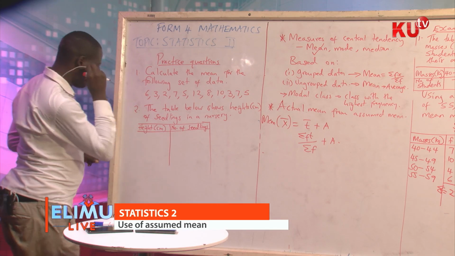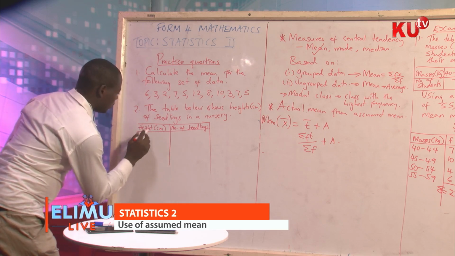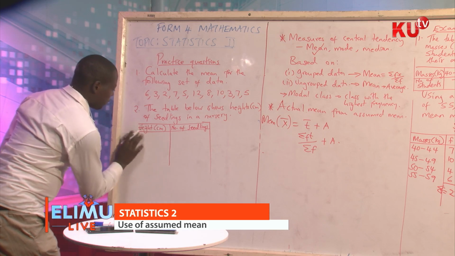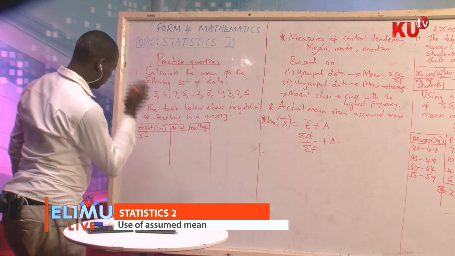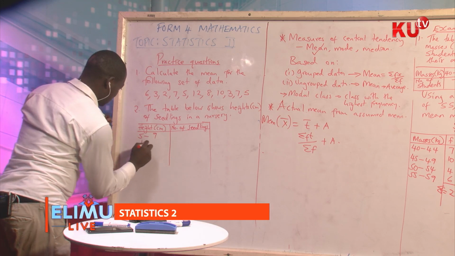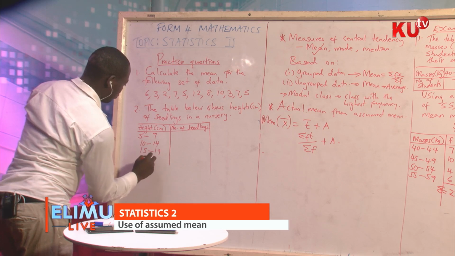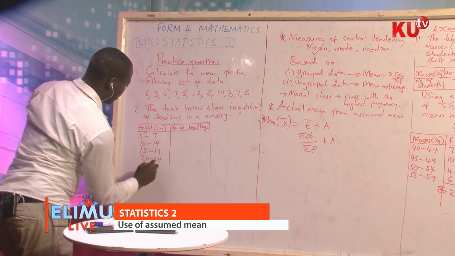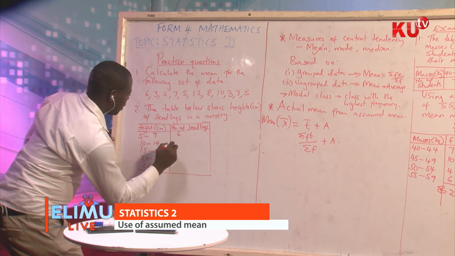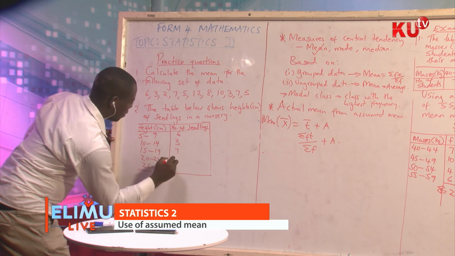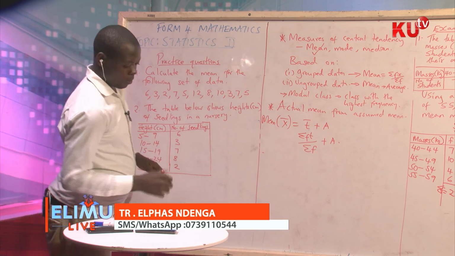We have between 5 to 9, 10 to 14, 15 to 19, 20 to 24, 25 to 30. The numbers of seedlings are 6, 3, 7, 8, and then 2.